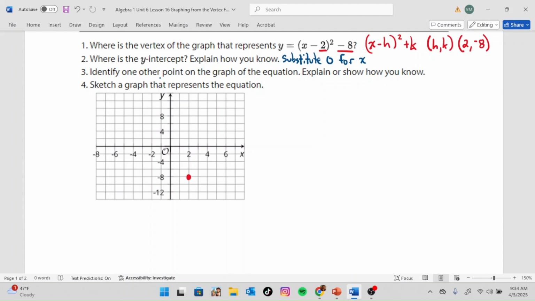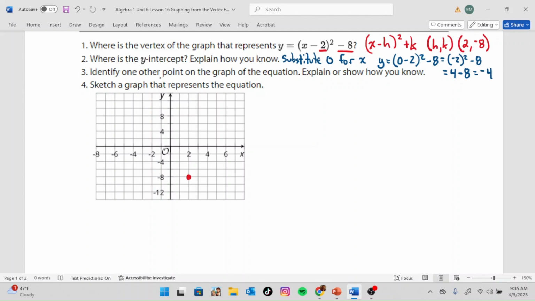This would give us y equals (0 minus 2) squared minus 8. 0 minus 2 is -2. -2 squared is 4. And 4 minus 8 is -4.